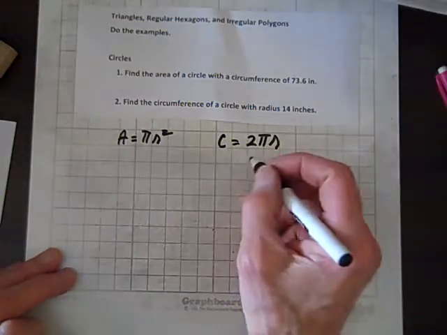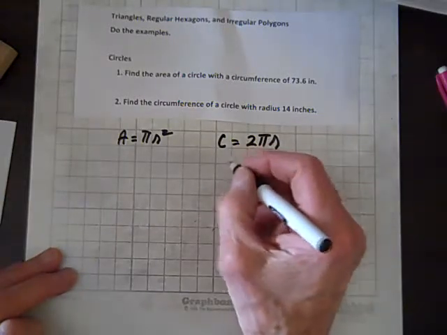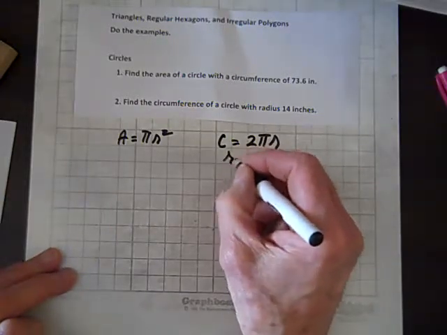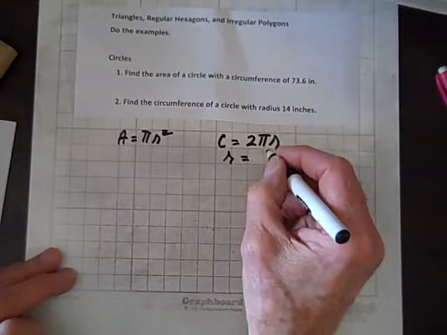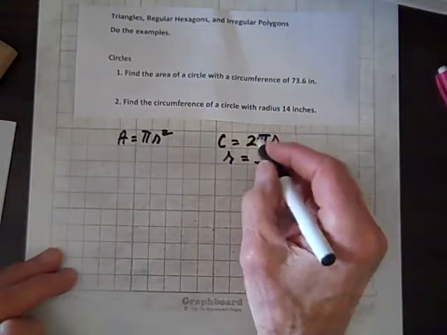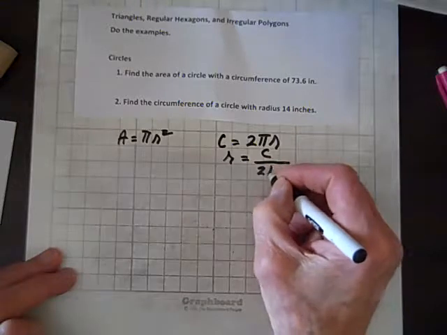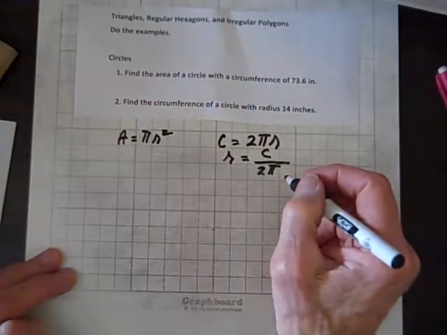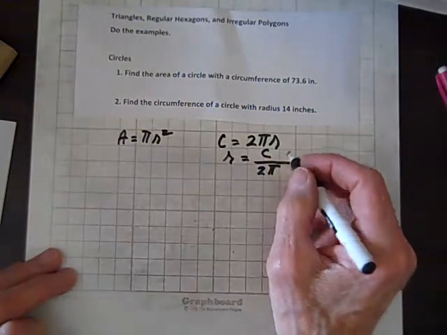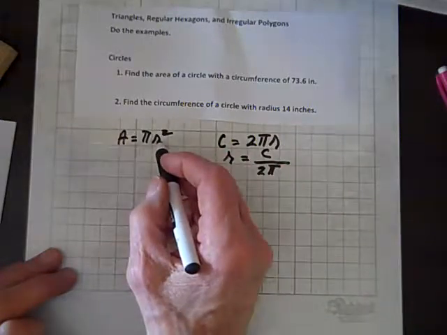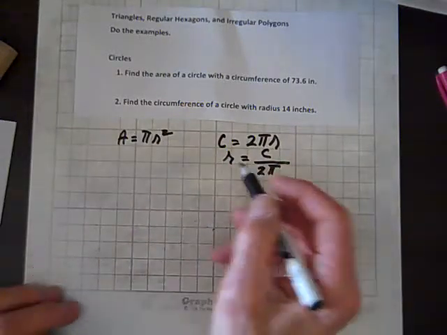Well, let's solve for the radius. If we divide both sides by 2 pi, we'll have the radius all by itself. So now we've got the radius, we can replace it here and get the area.